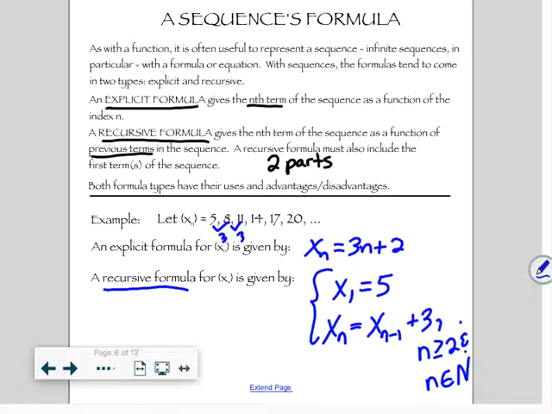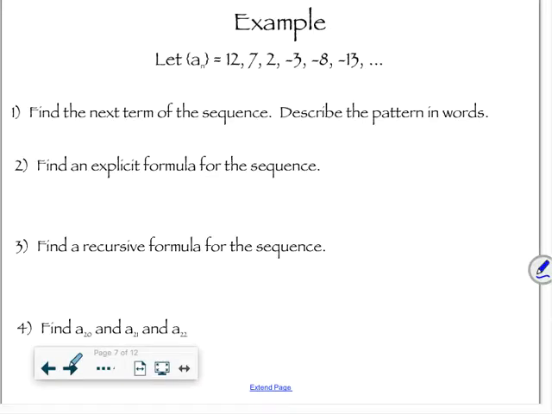So just, again, it's just the Greek letter epsilon, and it means is an element of. So we have to clarify that n is not any number. Because you could have decimals, negatives, square roots, all sorts of stuff. All right, so that's the recursive.